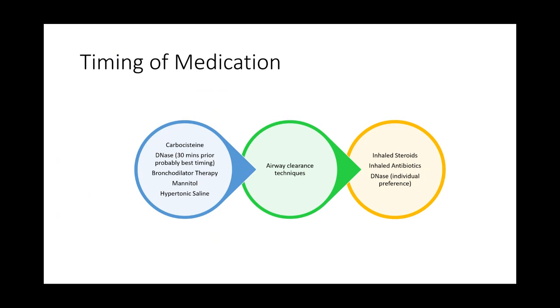Likewise, if their secretions are thick and sticky and we're using mucolytics, we need to use those potentially before the airway clearance techniques, potentially with or without bronchodilators, or bronchodilators afterwards, depending on what fits with the patient.